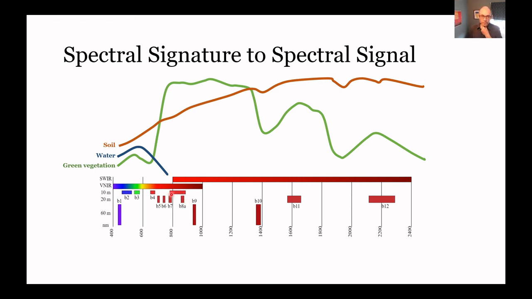So this is capturing a broad range of frequencies in this area here. It's all near infrared, but it's capturing a broad range of them. So the spectral resolution is lower here than it is here. This is a higher resolution, only capturing a small area of the spectrum.